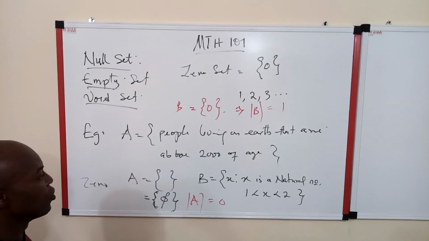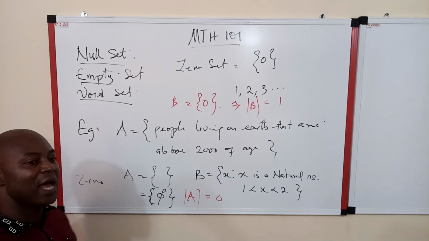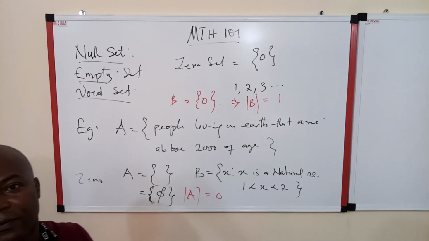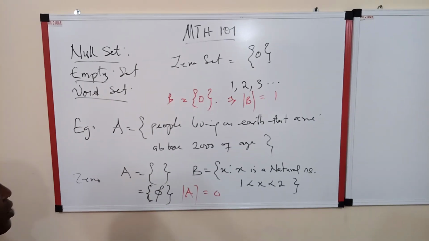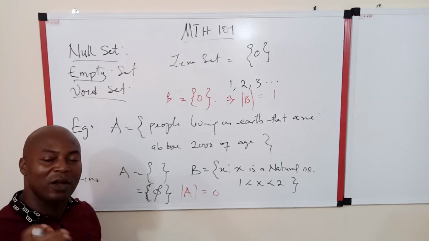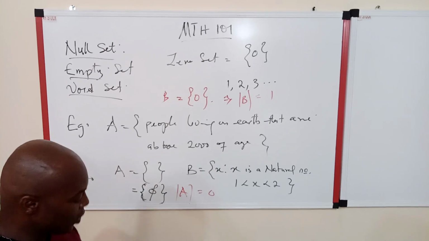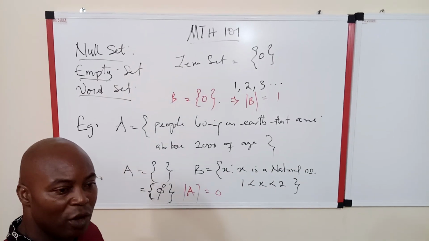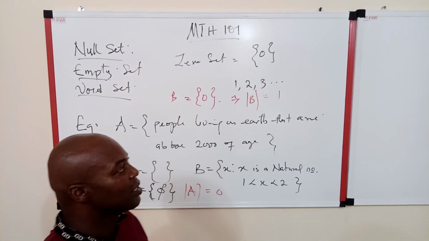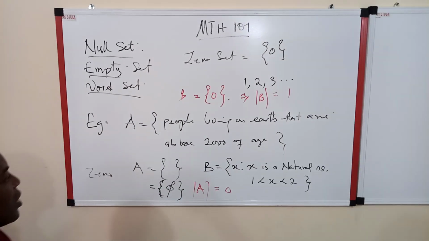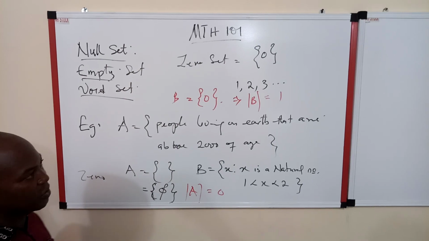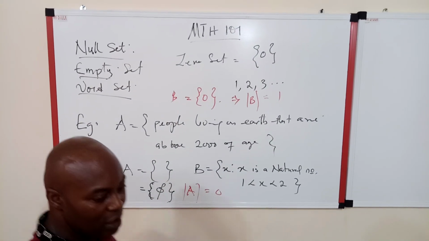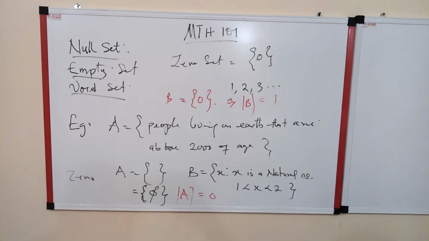So even this shows that these two are different kinds of sets. A set is called a zero set if we have 0 as the only element in it, while we call it a null set if there is no element. It's a collection of nothing. Such sets are called null sets. Now this one is pretty simple and easy.